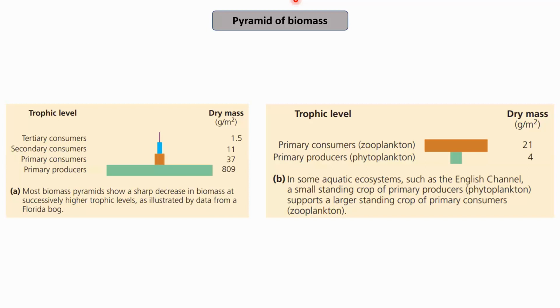Especially in case of aquatic ecosystem, the biomass of the primary consumers is usually higher than the primary producers, therefore inverting the shape of the pyramid, where the base is narrower and as we move towards the apex, it becomes broad. So it is very important to remember in what type of ecosystem, which kind of pyramid will be there.